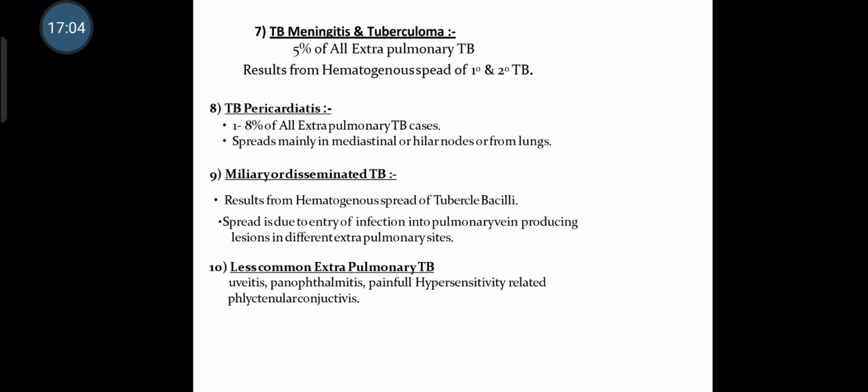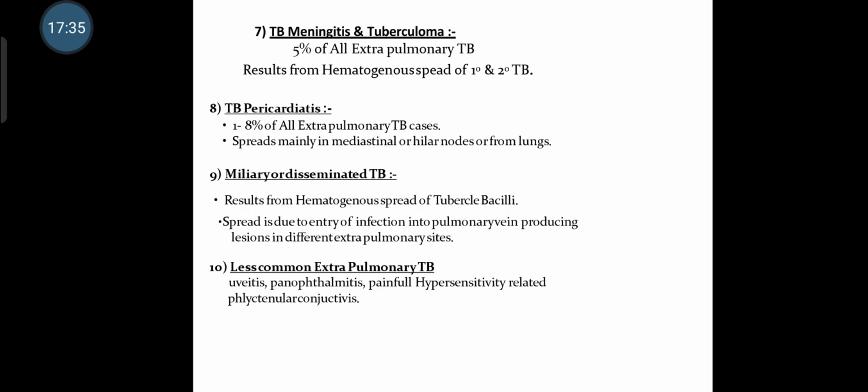Then another type of extrapulmonary tuberculosis is tuberculous pericarditis. That is the tuberculosis which involves inflammation of the pericardium. So 1 to 8% of all extrapulmonary tuberculosis cases are there. It spreads mainly into the mediastinal cavity, that is near the heart, and hilar nodes from the lungs. Miliary or disseminated tuberculosis results from hematogenous spread of tubercle bacilli.